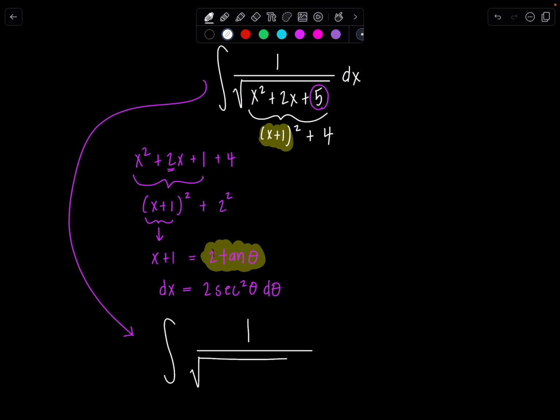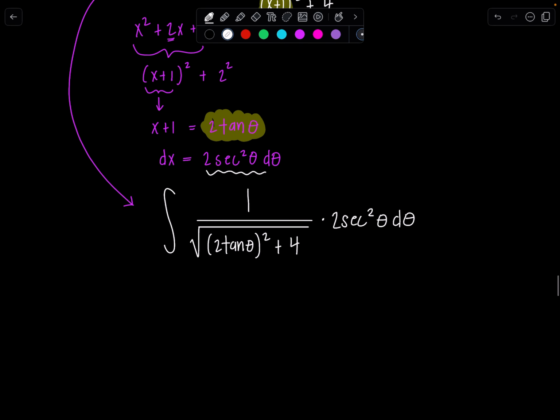And this is all under the radical. So 2 tan theta squared plus 4, and then dx is right here. So times 2 secant squared theta d theta. Very nice. Let's see how things simplify.